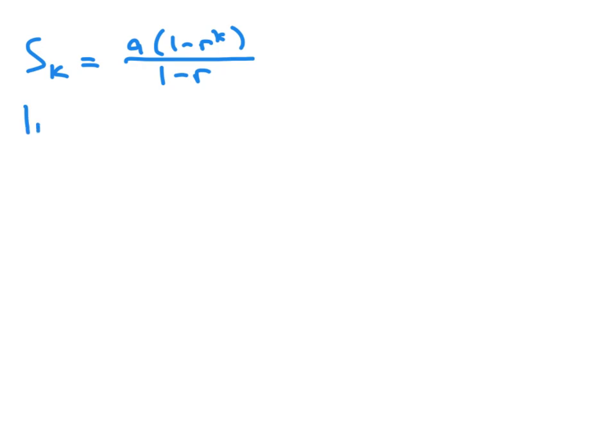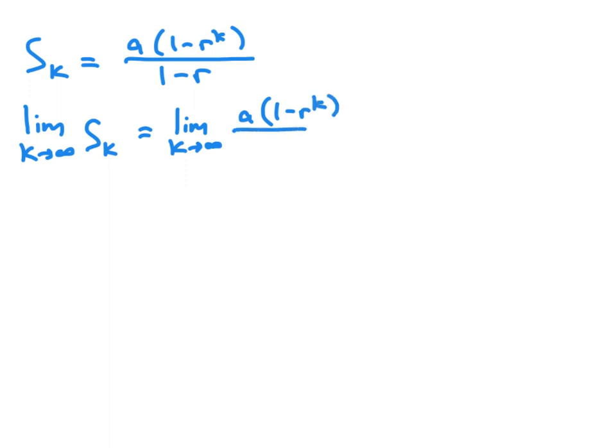So we can compute the limit as k goes to infinity of our partial sum, s sub k. We use our formula that we just developed for s sub k. So we have the limit as k goes to infinity of a times 1 minus r to the k over 1 minus r. Notice that a and 1 minus r are actually constants in terms of k.